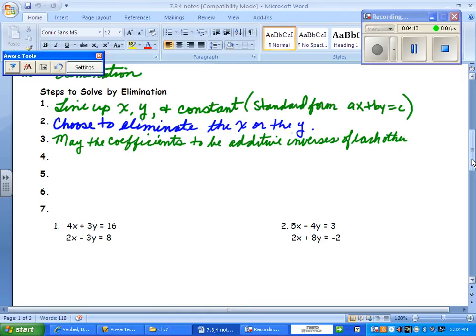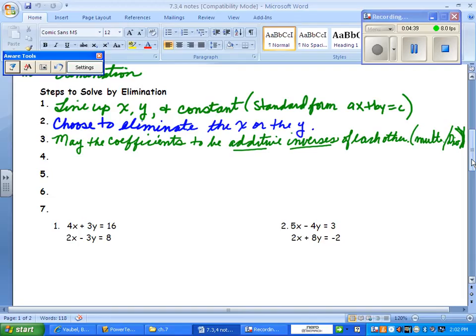And to do this, you need to multiply, and sometimes you can divide. Okay, additive inverses, that means they need to be opposites of each other. So you want the coefficients to be opposites. One would be a positive and one would be a negative.